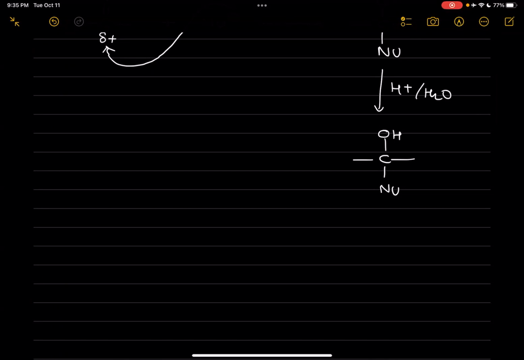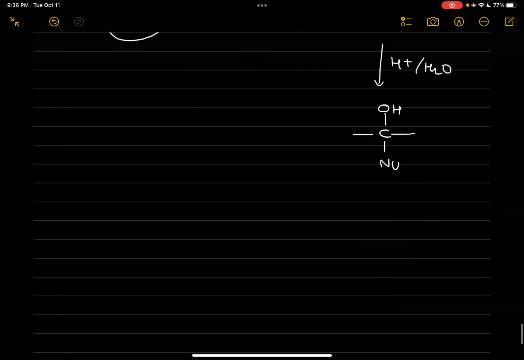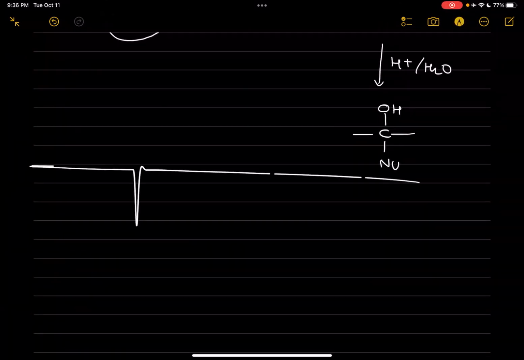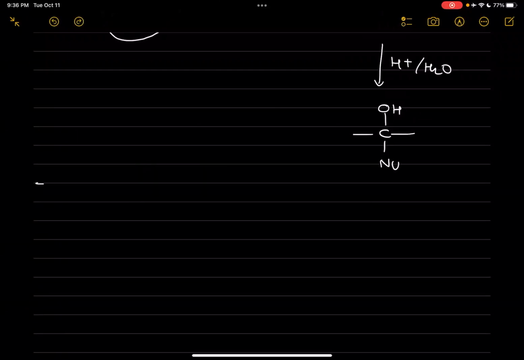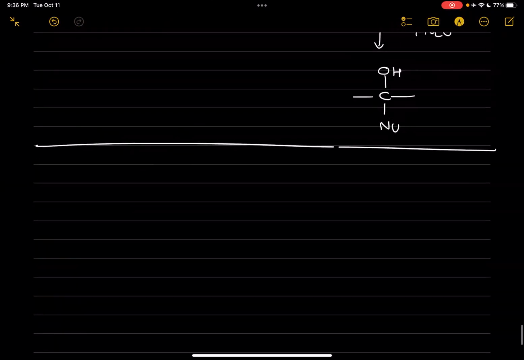And let's do some questions, okay? And with that, we can understand it in more detail. So, are you aware of the rate of nucleophilic addition reaction?